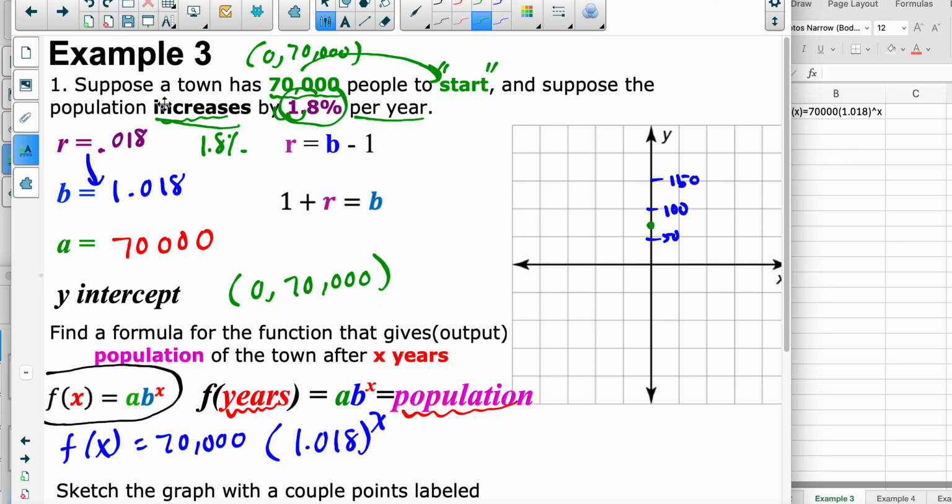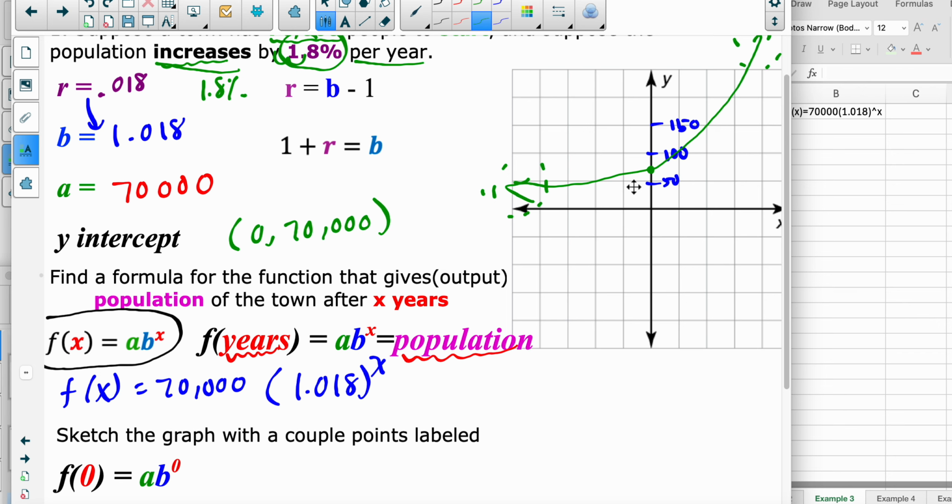And because r is positive and b is greater than 1, I know it's a growth function. So I can sketch this without finding any more points. This is just a very rough sketch. I'm going to have a horizontal asymptote on the left, and it's going to shoot up to infinity on the right tail.